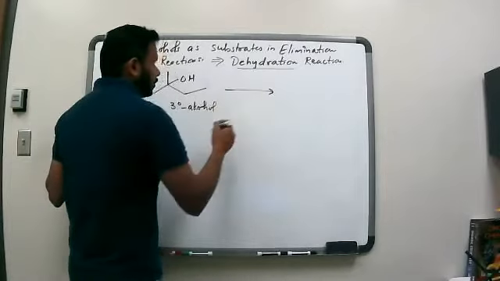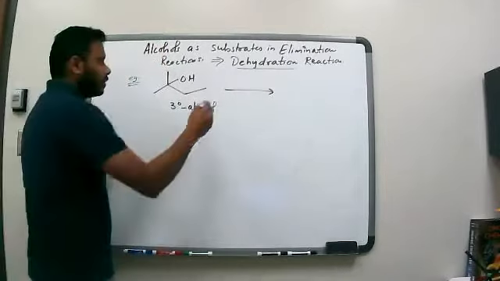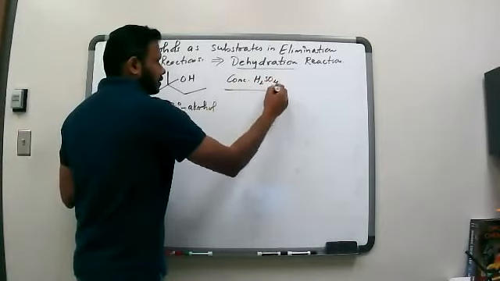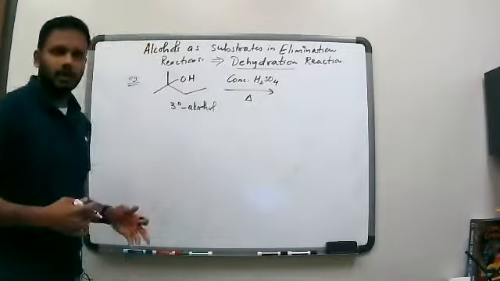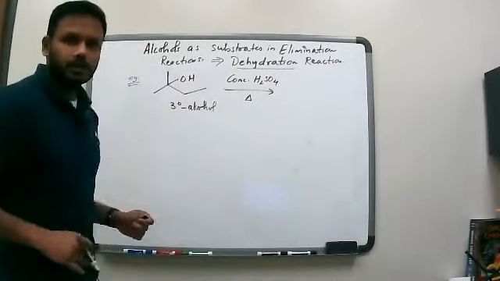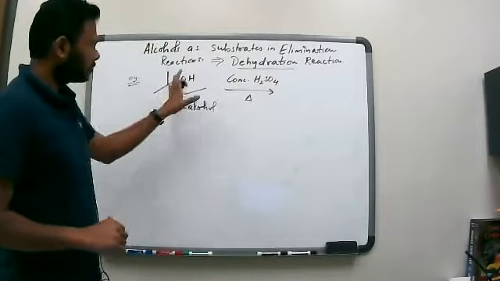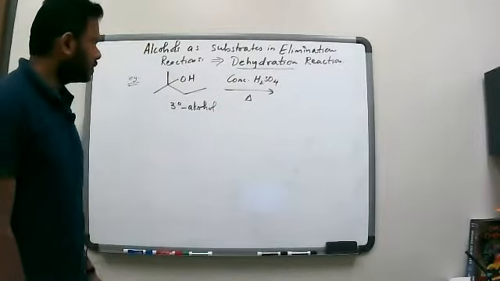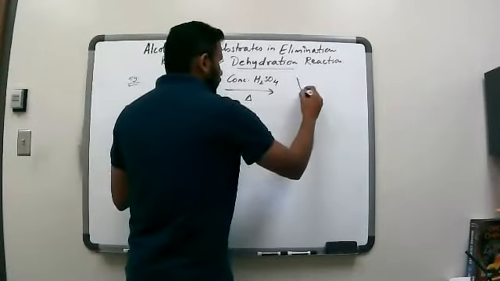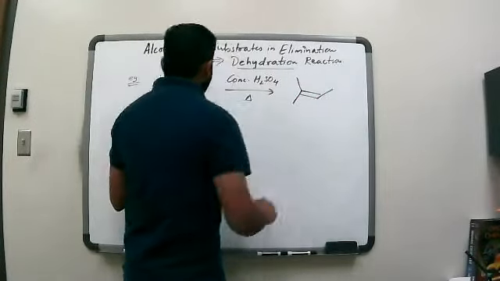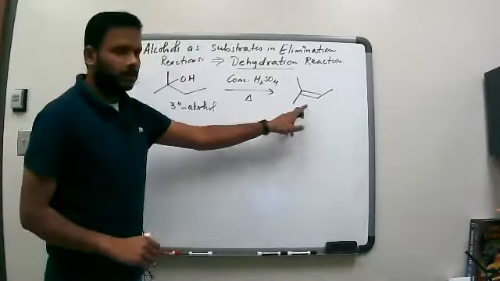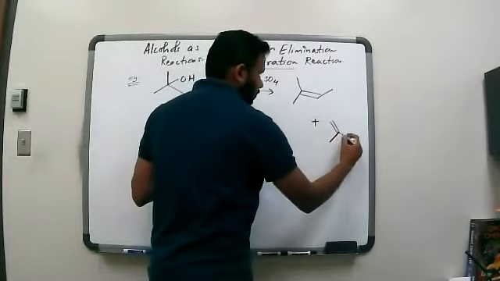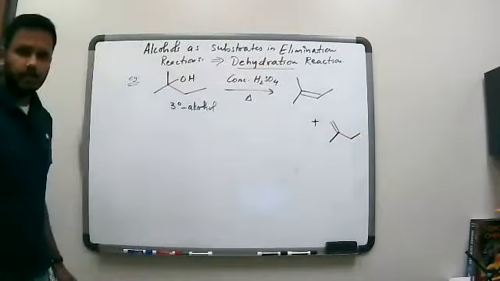When you react this tertiary alcohol with concentrated sulfuric acid under reflux conditions, what you get is elimination. If you look at that product there, that's not the only product. You're going to get that product plus this product.